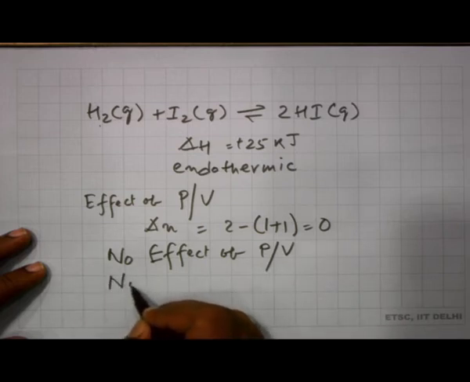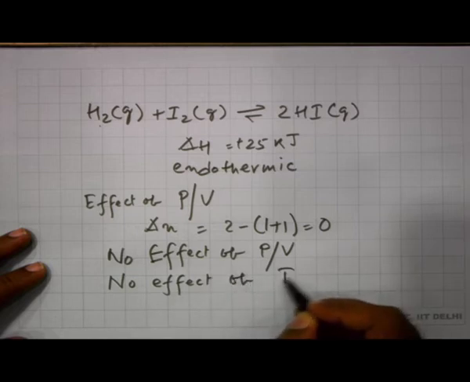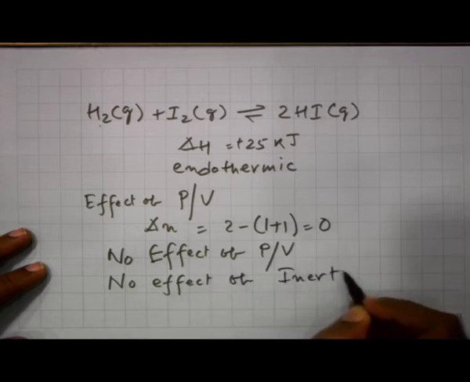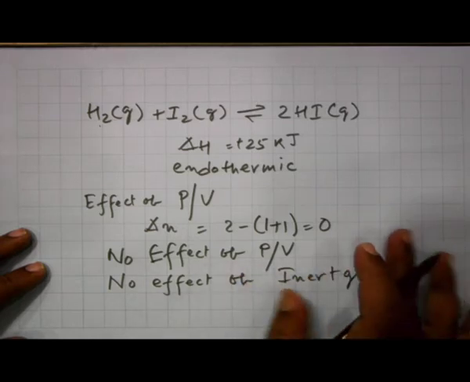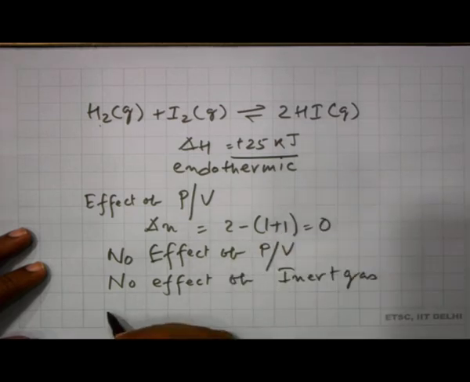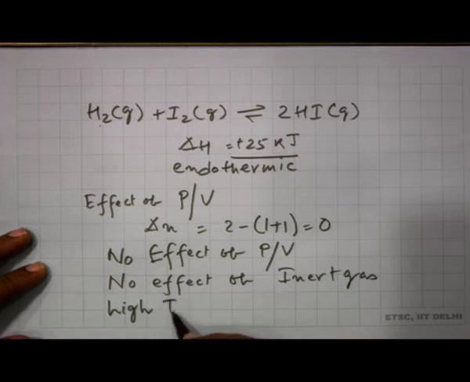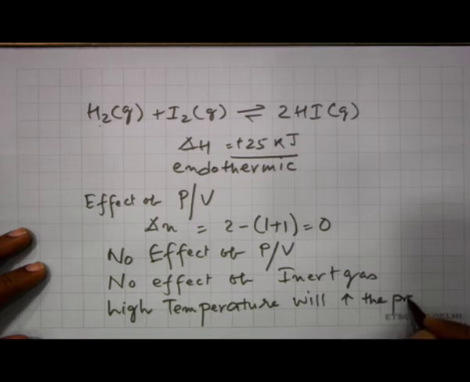No effect of inert gas. What about temperature? Temperature will affect, because this is an endothermic reaction, and endothermic reactions are favored at high temperature. So high temperature will increase the product, which is HI in this case.